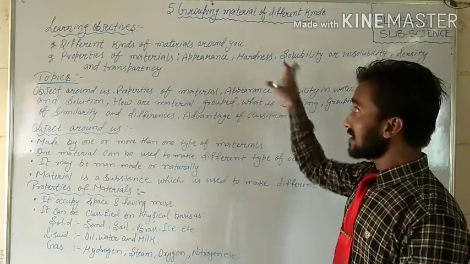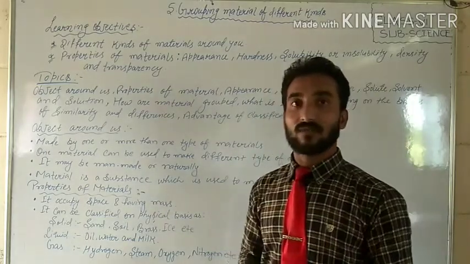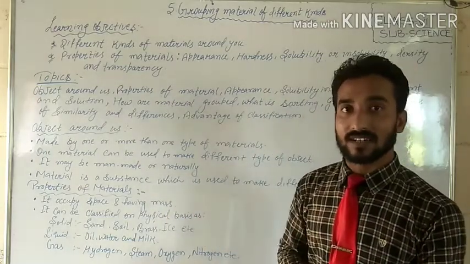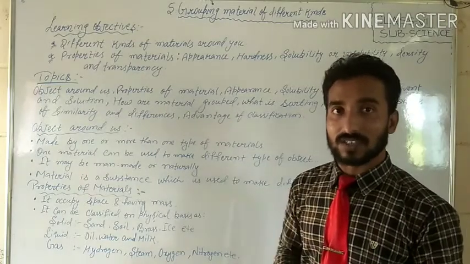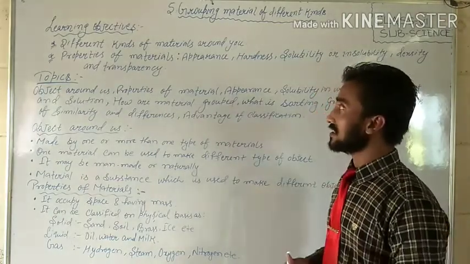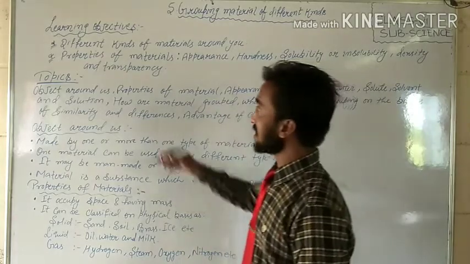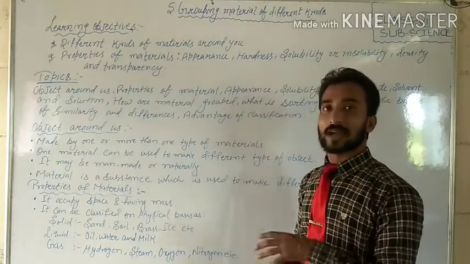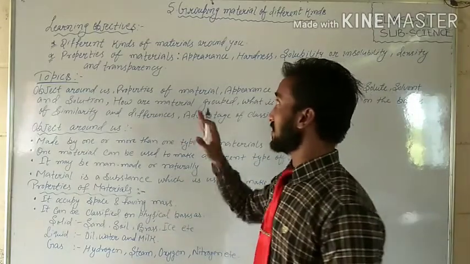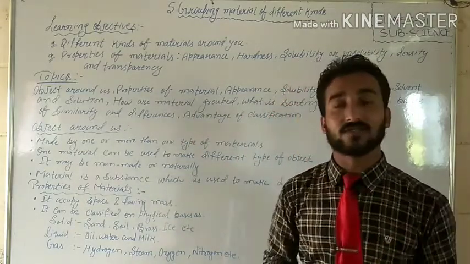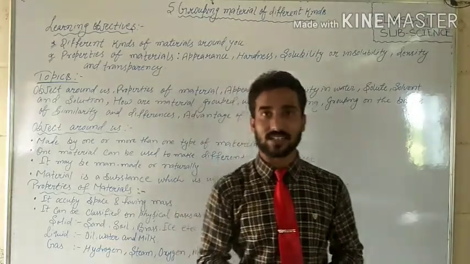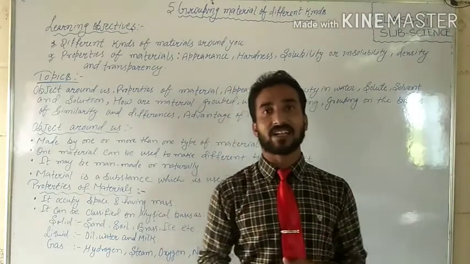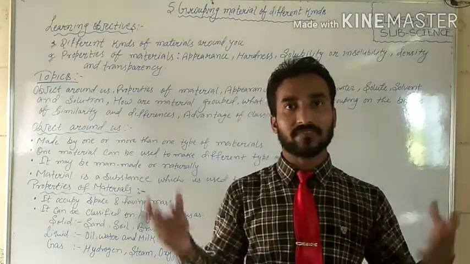See, in this entire chapter, what we will learn, what the outcome will be, that is what the objectives focus on. The first objective is the different kinds of materials around you. According to this chapter, it tells about the different kinds of materials around you. Students, if we see around us, if you see the entire room, there are too many different types of materials.